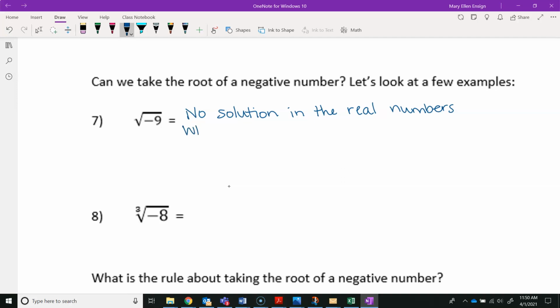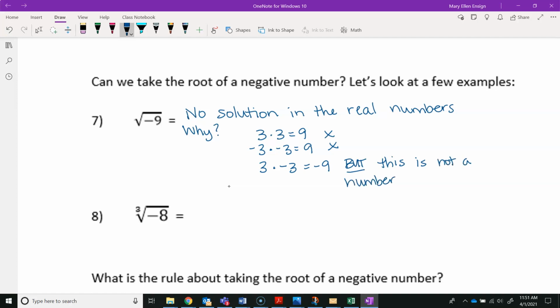Okay, so why is it that there's no solution? Well, think about this. If I want to look for what number multiplied by itself equals negative 9. So if I take 3 times 3 is 9, so that's not going to work. But if I take negative 3 and multiply it by itself, well, a negative times a negative is still a positive, so that's not going to work. Okay, what if I take 3 times negative 3? Okay, that's negative 9. But remember, for a square root, it has to be a number times itself.